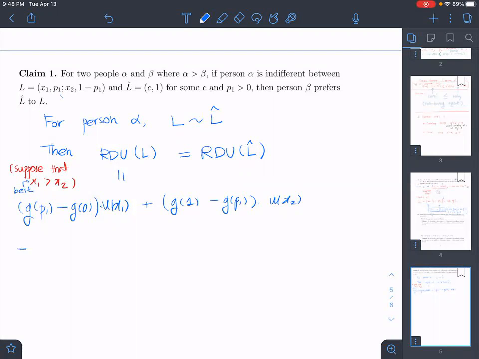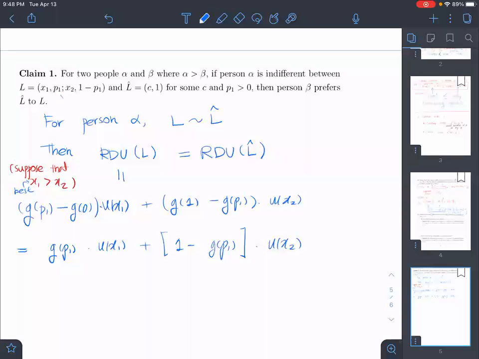Then just doing this calculation, we have G(P1) times U(x1) plus, I'm sorry, 1 minus G(P1) times U(x2).